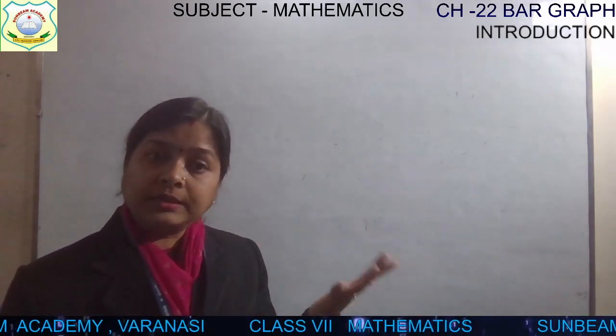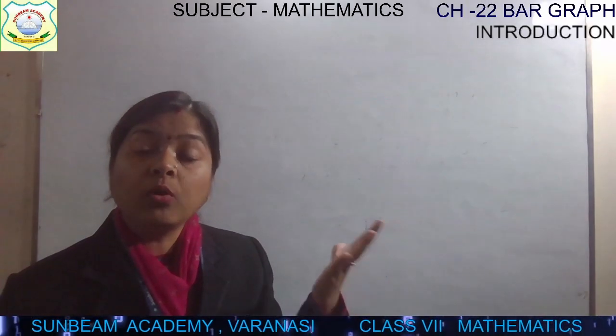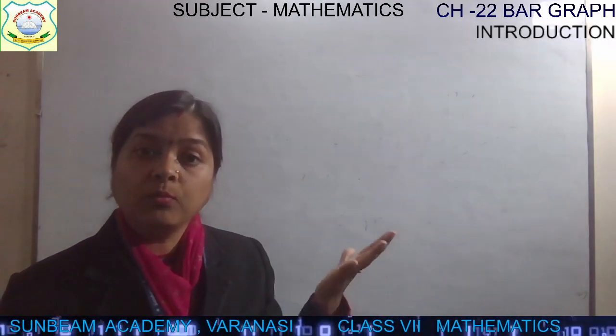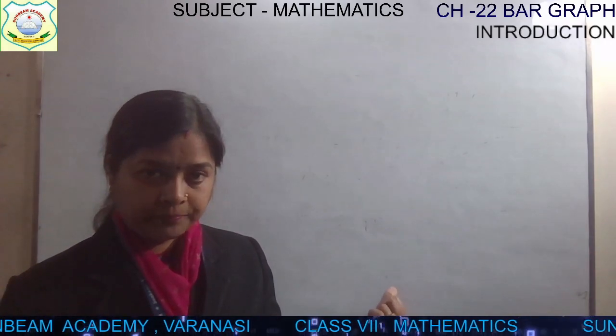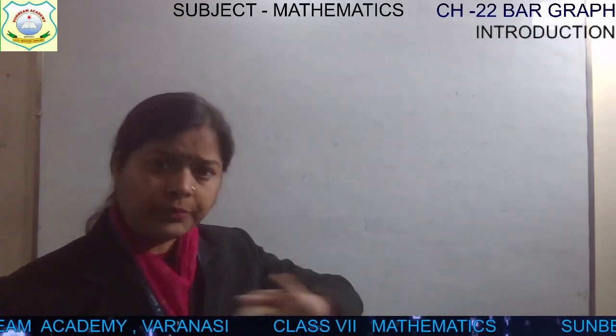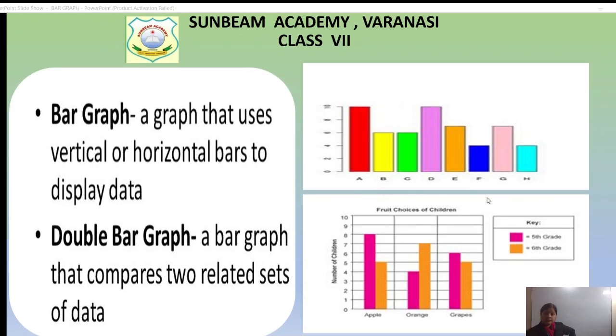But if I show it in the form of this particular double bar graph, it will look more attractive. We can analyze the data very quickly, children. We are not going to read it, but we will analyze it. Okay, so 5th grade is in pink color and 6th grade is in yellowish, orangish color, isn't it?